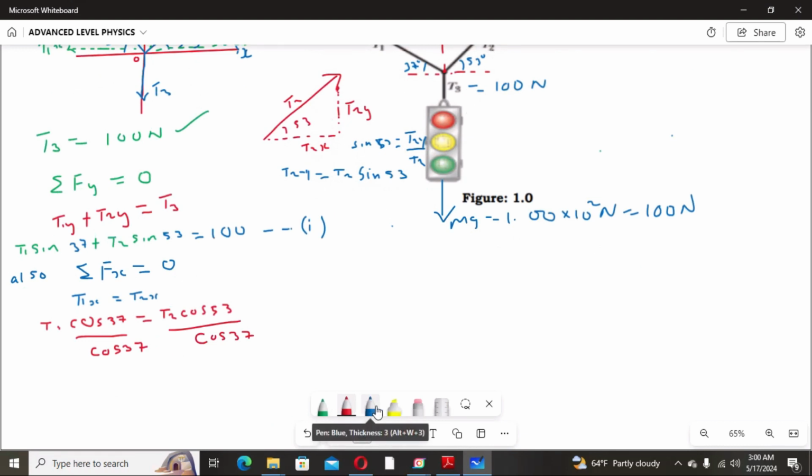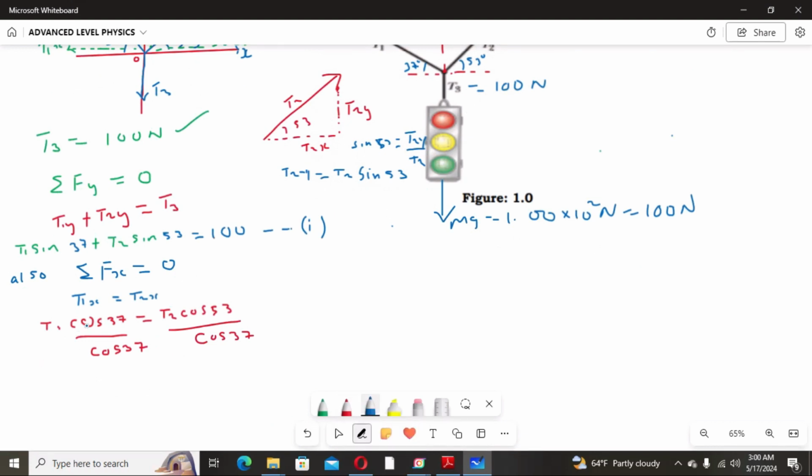Now, what are you going to have? This and this will cancel. Then we have T1 equal to, okay, you can use your calculator, please. You can use your calculator, compute.